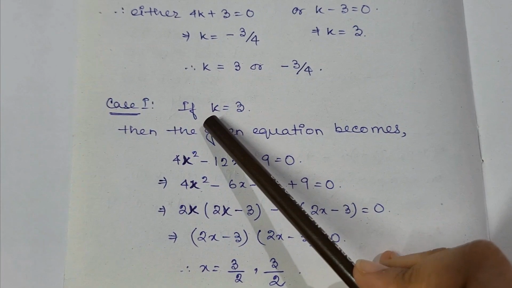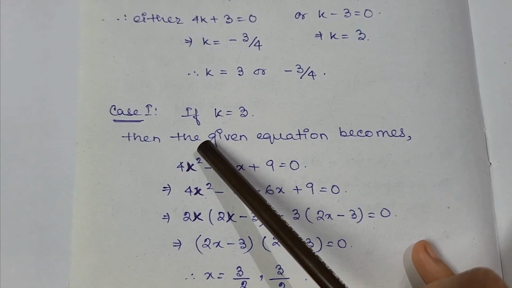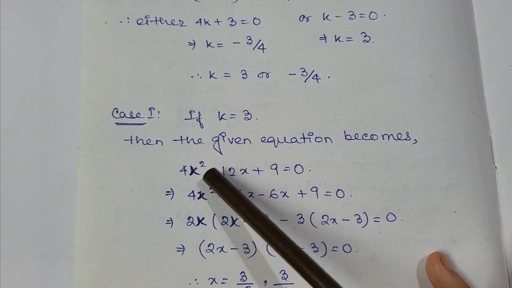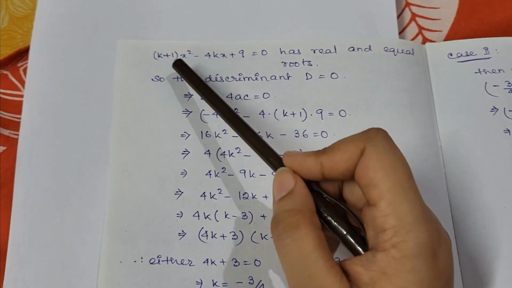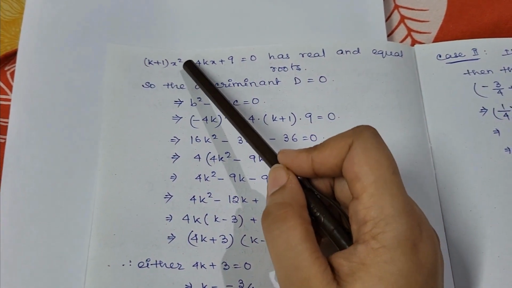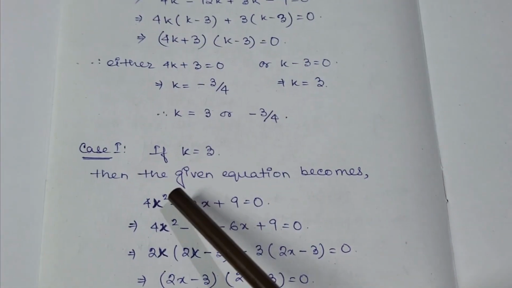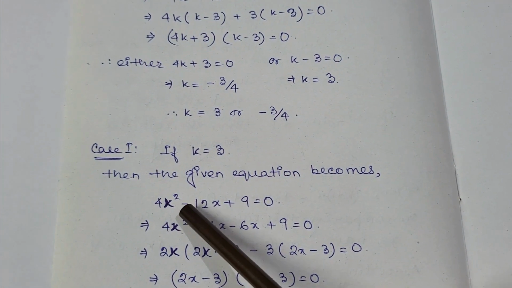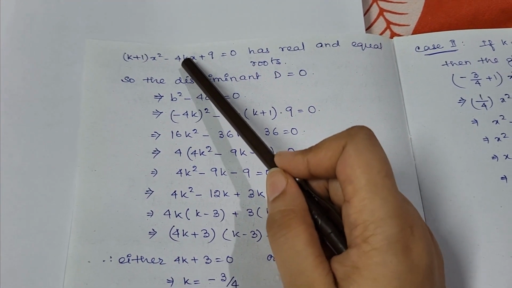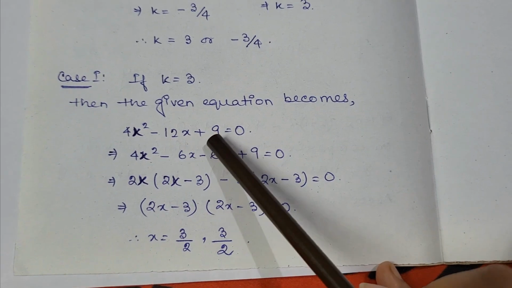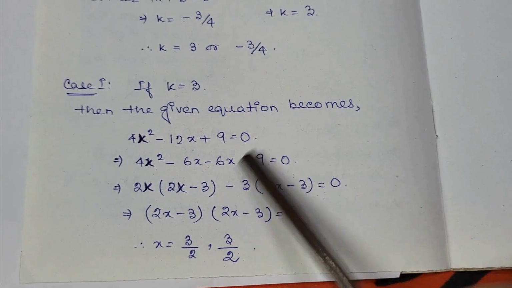Now two cases arise. One is if k is equal to 3. Putting the value of k in this equation, we get (3 plus 1), so 3 plus 1 is 4, and we get 4x square minus 4 into k. So 4 into 3 is 12, so minus 12x plus 9 is equal to 0.